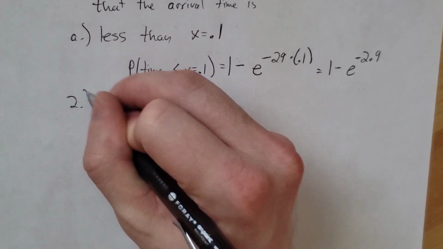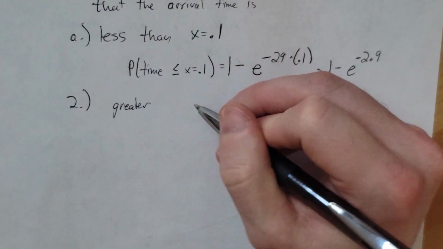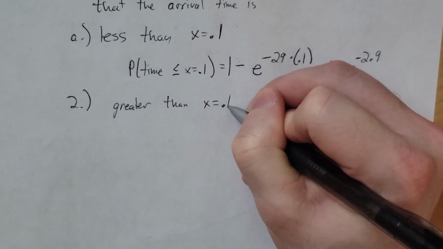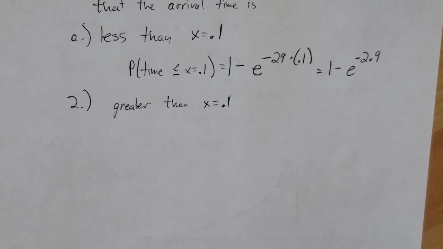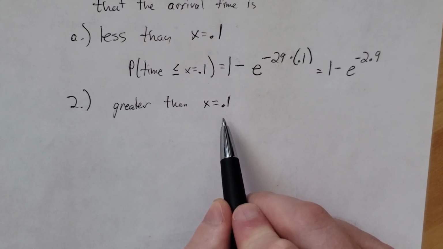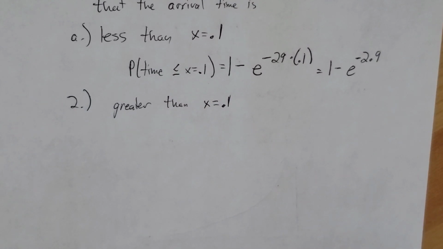Let's do a related question. What is the probability that it will be greater than x equal to 0.1? Well, greater than 0.1 is just the complement to the previous question, less than 0.1.